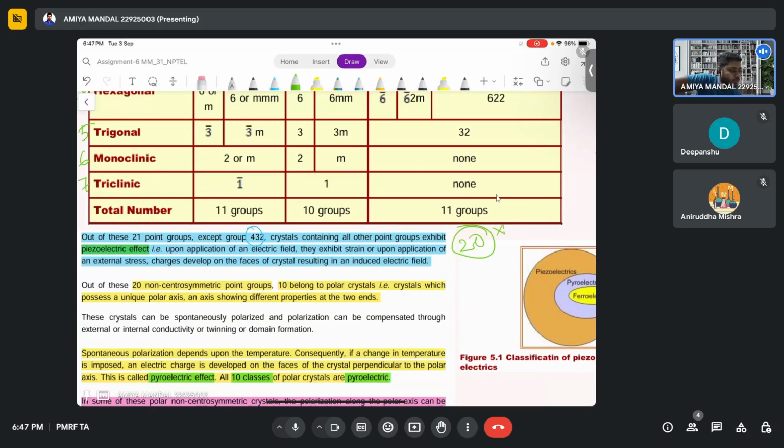This is important. Only 20 point groups exhibit the piezoelectric effect, meaning upon application of an electric field they exhibit strain.